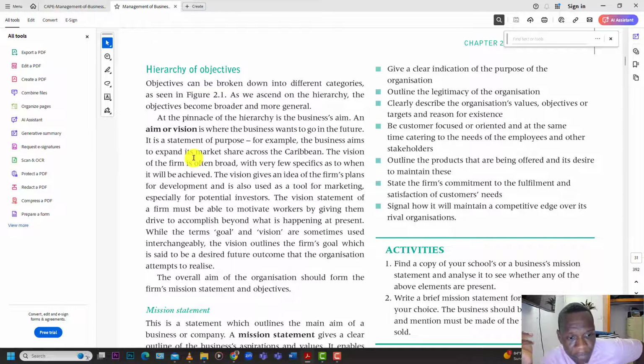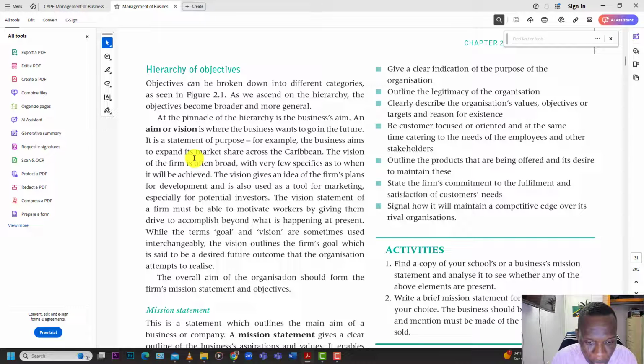The vision statement of the firm must be able to motivate workers by giving them drive to accomplish beyond what is happening at present. While the terms goal and vision are sometimes used interchangeably, the vision outlines the firm's goal, which is said to be the desired future outcome that the organization attempts to realize.